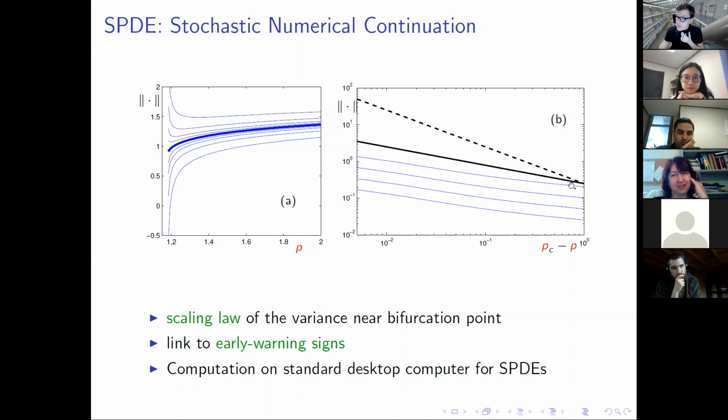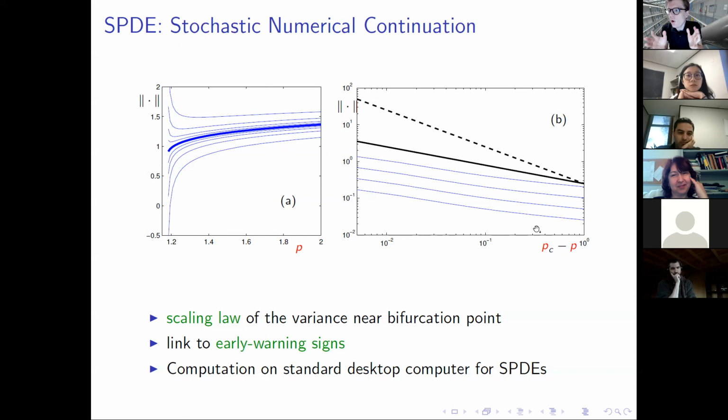The dashed line is a scaling factor of -1. These are the two most common scaling laws of the covariance operator near an SPDE bifurcation point with sufficiently small noise. And you see that by theory it should be -0.5. My algorithm, the thin blue lines, correctly computes that the exponent in this log-log plot is -0.5.